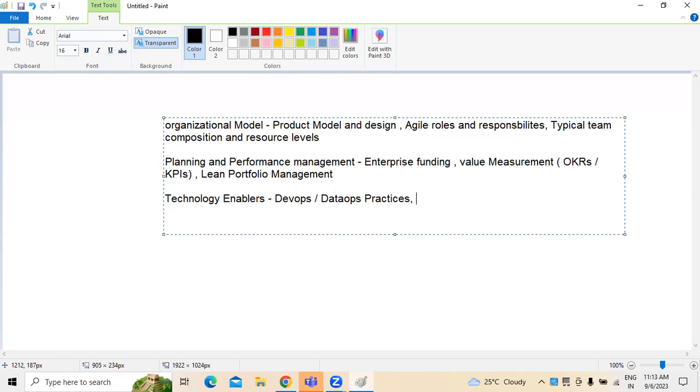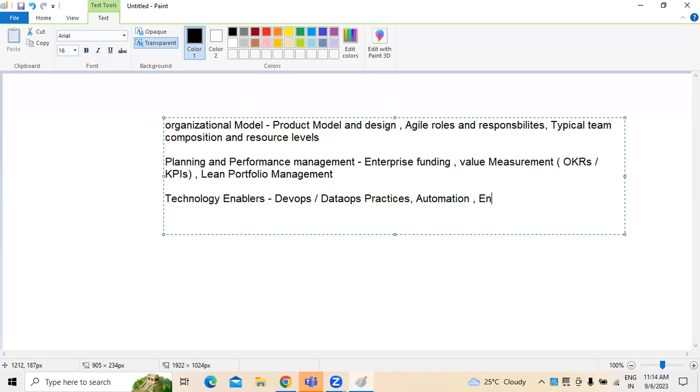So whenever we are integrating technology enablers, especially at the enterprise level to reach enterprise agility, we must have an understanding of the environment we are going to adopt, like a DevOps environment, etc. At the same time, data operations practices, all that. Followed by this, we must know about the automation part.